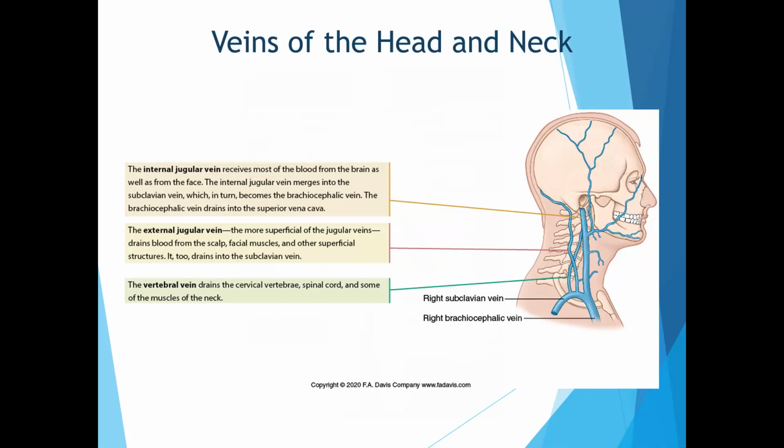But those two, internal and external jugular, are primarily what drains down into the superior vena cava. The vertebral vein is going to drain our cervical vertebrae, some of our spinal cord, some of our neck muscles, but the internal and external jugular are definitely the bigger capacitance vessels of the head and neck.